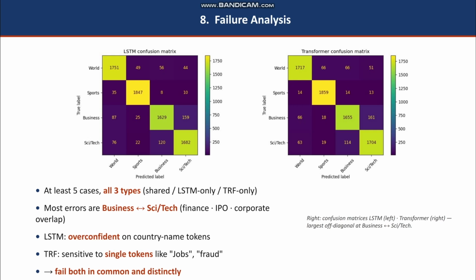By type, the LSTM gets split by country names and overcommits, while the transformer reacts sharply to single tokens like jobs orProud. So the two models fail both in common and in distinct ways.